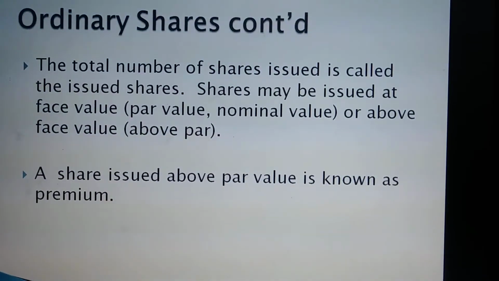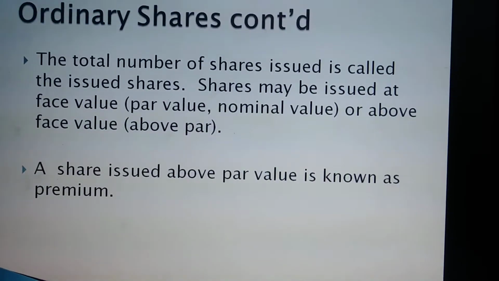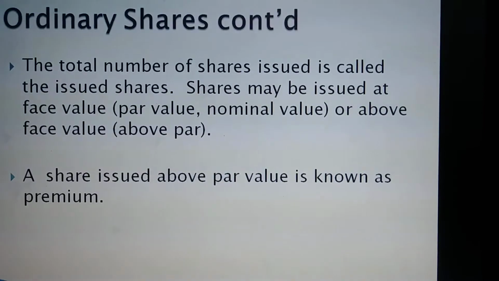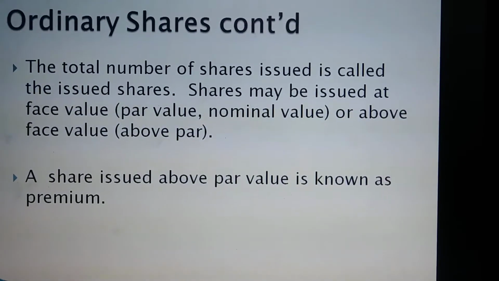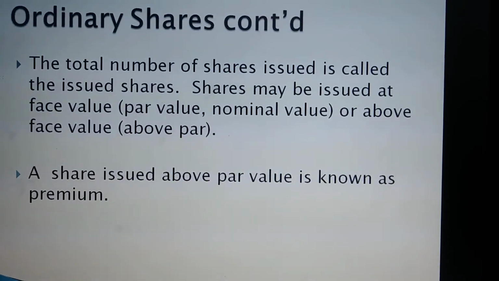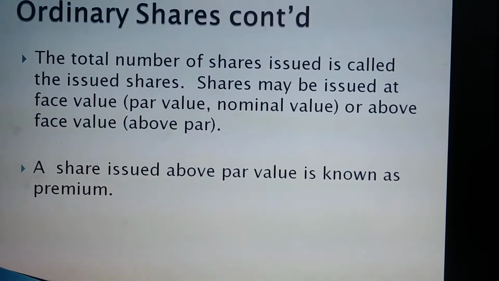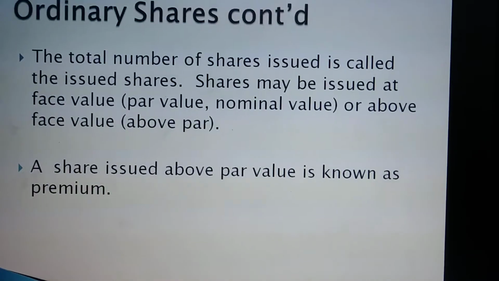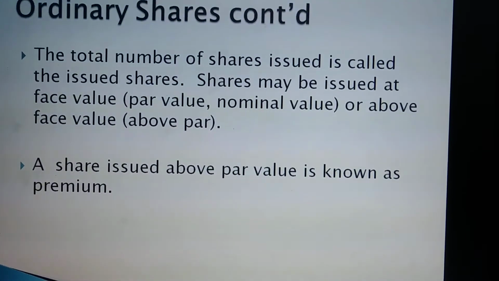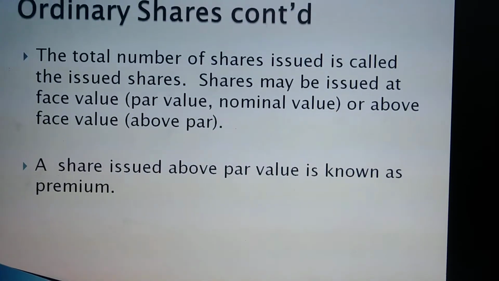Now, students, shares may be issued at face value, which is also known as par value or nominal value, or above face value, which is also known as above par. A share issued above par value is known as a premium. What is it called?